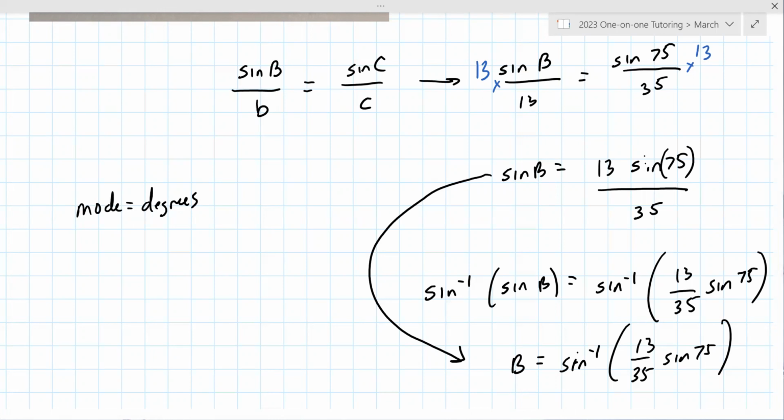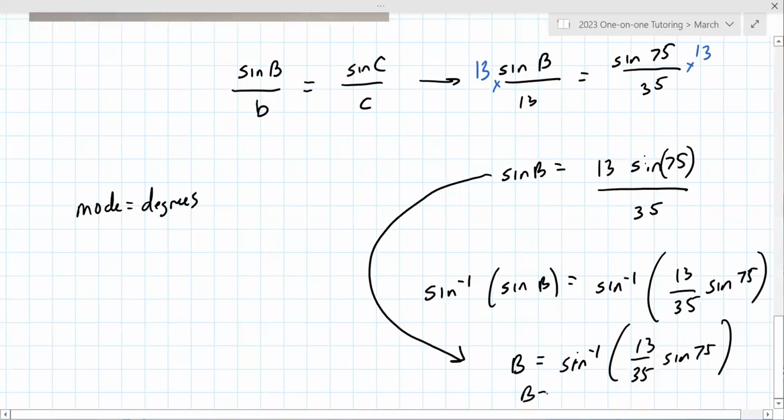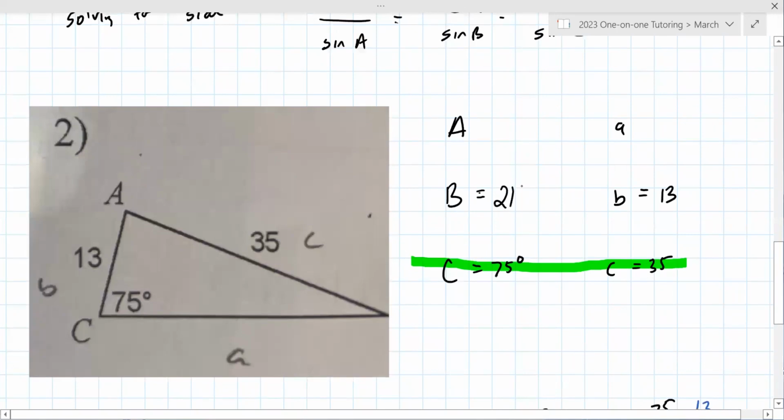Hold up. 21.0. Yes. And we feel really good about that. We got B is 21. We go back to our table, we fill that in. Whenever you have two of the three angles, you can easily find the third by subtracting from 180.